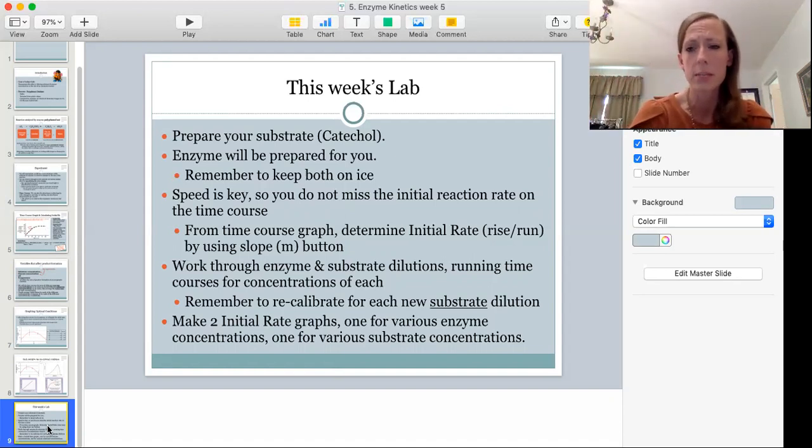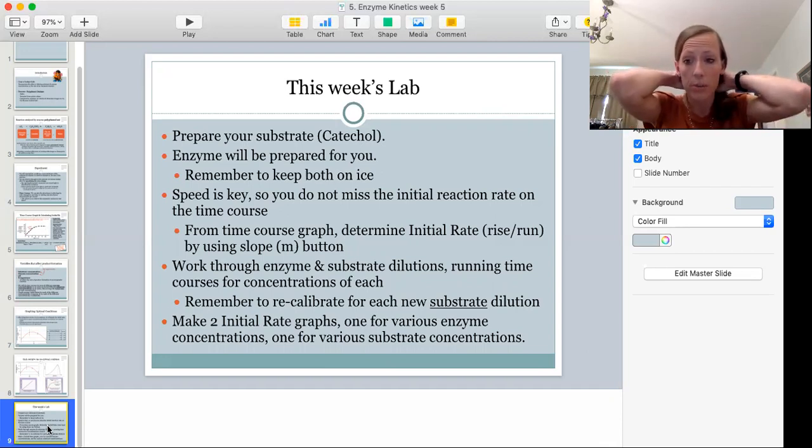You want to be as quick as possible while still getting it mixed, so that you don't miss the initial rate. If you're too slow, it's already going to taper off by the time you get it in there. So it might take a couple times of practice before you get the hang of it, but that's okay. You want to try to get as quick as you can with that so you catch the initial rate, okay?